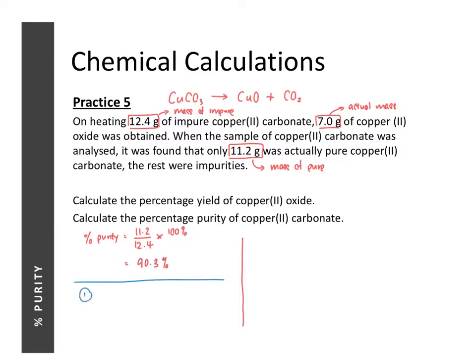Step number 1, convert to moles. We need to find the actual number of moles of copper 2 carbonate that was present, and for that, we take 11.2 divided by the molar mass of copper 2 carbonate.